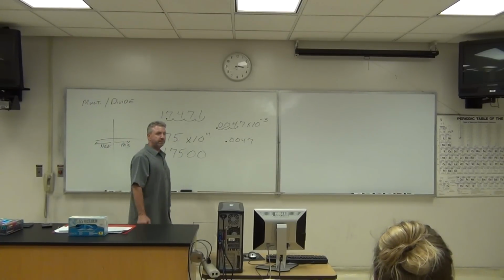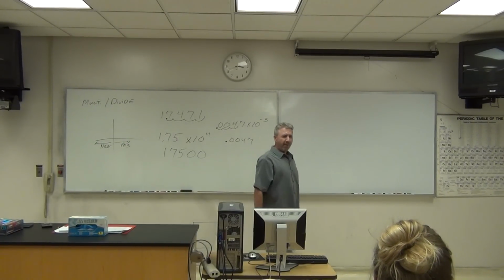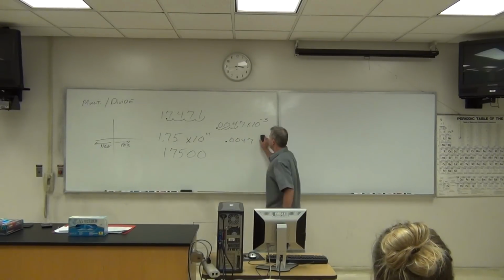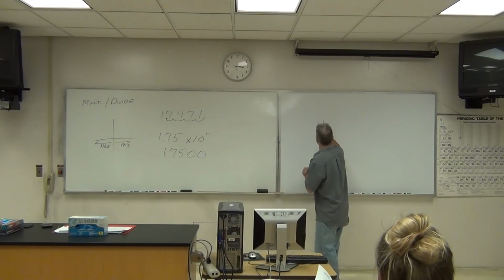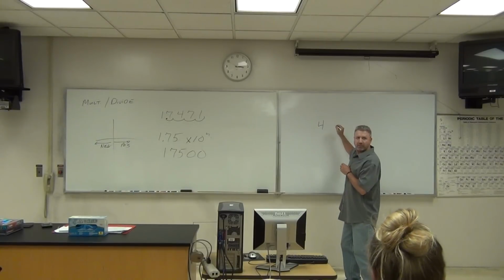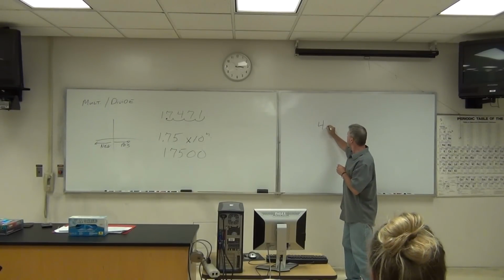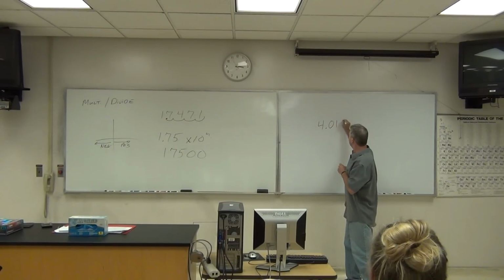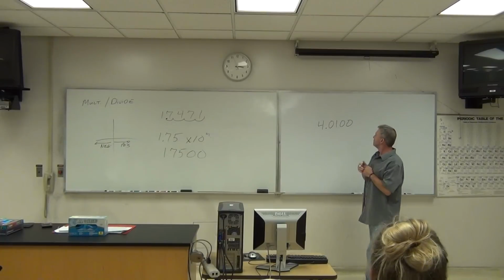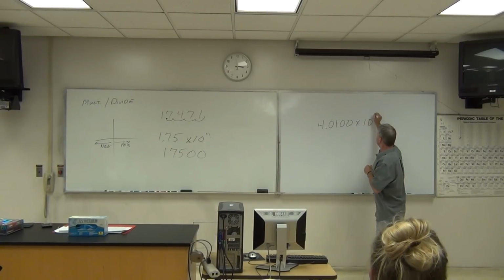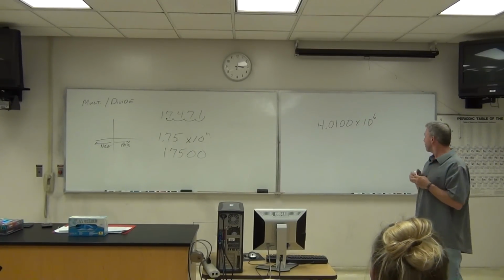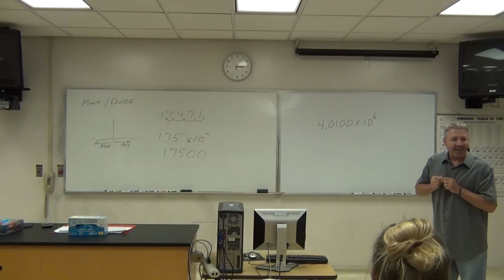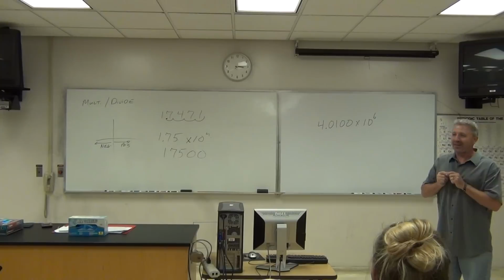So in the book, there's one that's 4.0100 times 10 to the 6th. In that form, it's 5 significant numbers. It says it's 5 significant numbers there, but if you were to convert it, you can't.